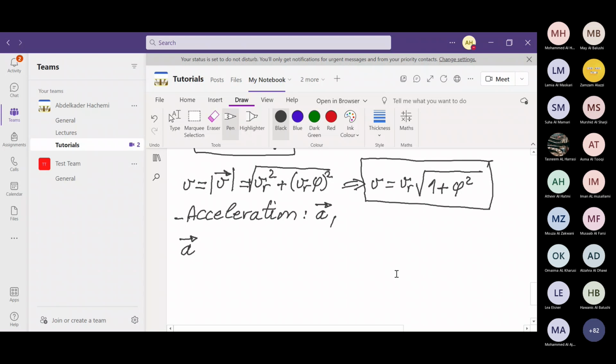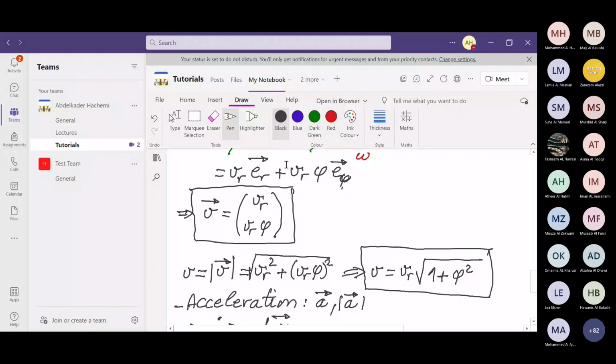The acceleration by definition is V dot, the time derivative of the velocity vector. And now if we look at the expression of V, it has a radial component and a circumferential component.